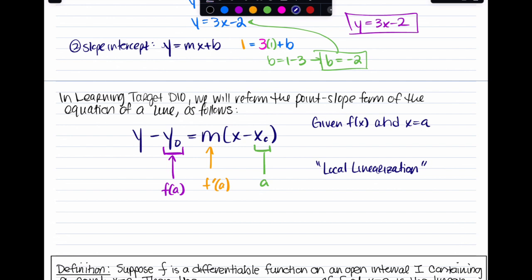And then the only other change we're going to make, and this is kind of the weird one, is we're going to call the function, instead of calling it y, this is the function's name, this is the dependent variable, we're going to represent it with something different, L of x.